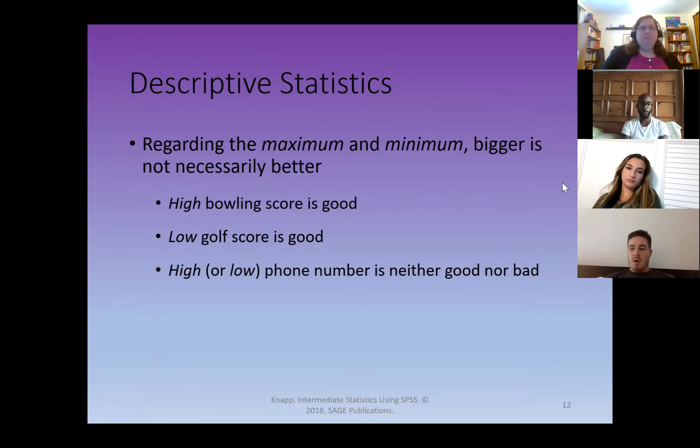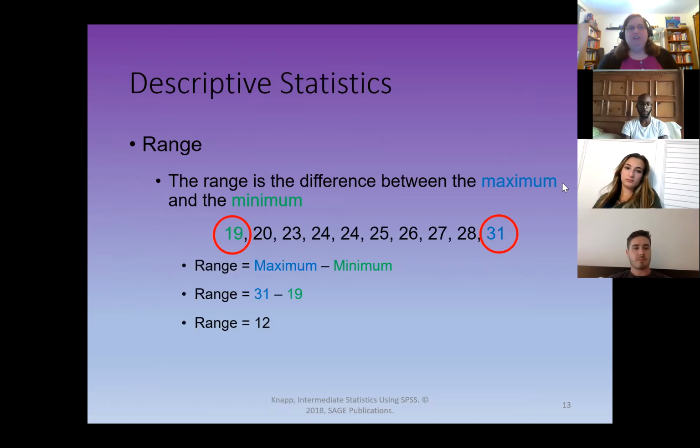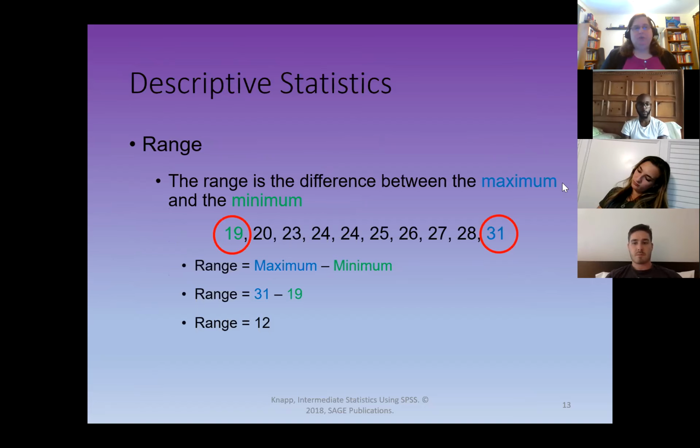A high bowling score is good, but a low golf score is good. And a high or low phone number is neither good nor bad. But what this leads to is the range. The range is our maximum minus our minimum. So 31, our max, minus 19, our min, is 12.